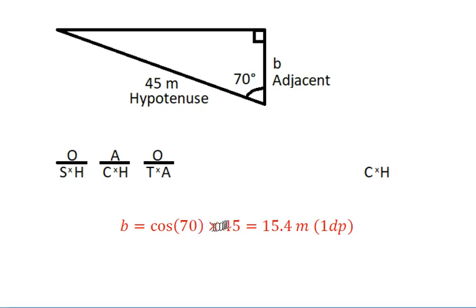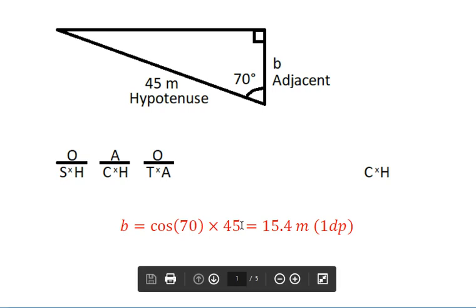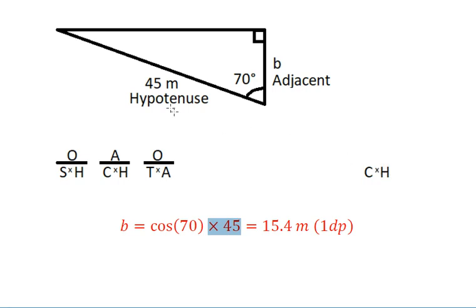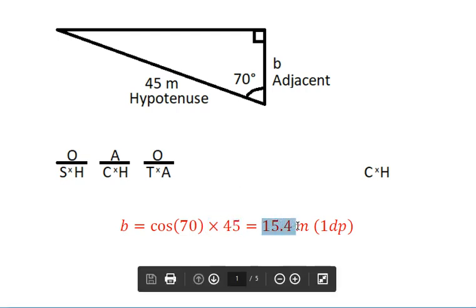It will include the 45 inside the brackets automatically often if you hit equals. So close the brackets, because that finishes off our cos of just the angle, and then we multiply that times the H. So C, which is cos of the angle, times our H, which is 45 here, 45 meters, so just 45, and then you'll end up with 15.4.